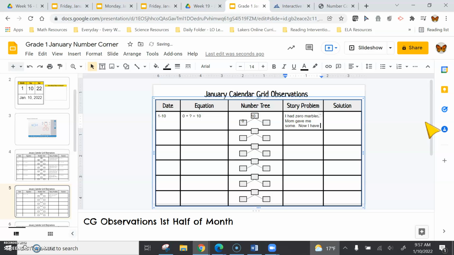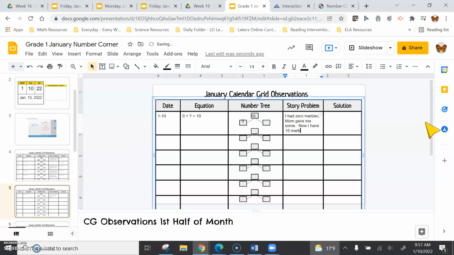Now I have 10 marbles. When I think about that, I could put a math equation, 0 plus, what do you think we need to put there? Is that missing number 10? Very good. 0 plus 10 equals 10.